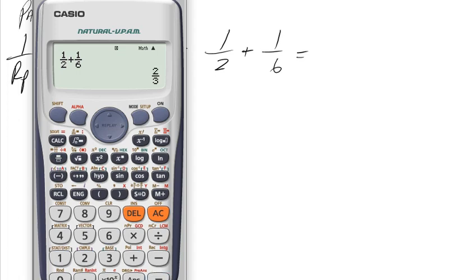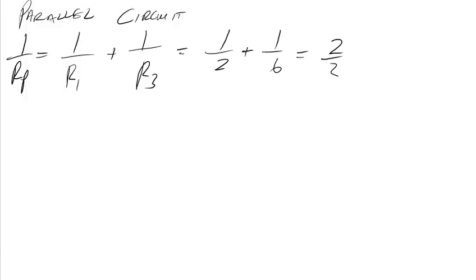This will be equal to, let's write it in decimal form. Okay, you can write it as 2 over 3. Then remember, 1 over RP is equal to 2 over 3.